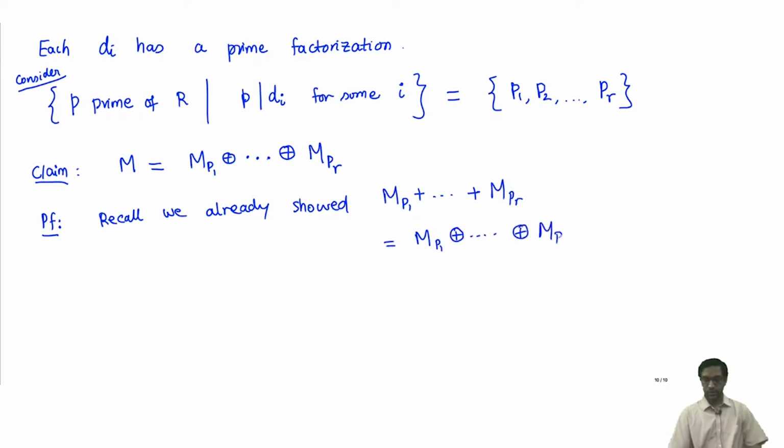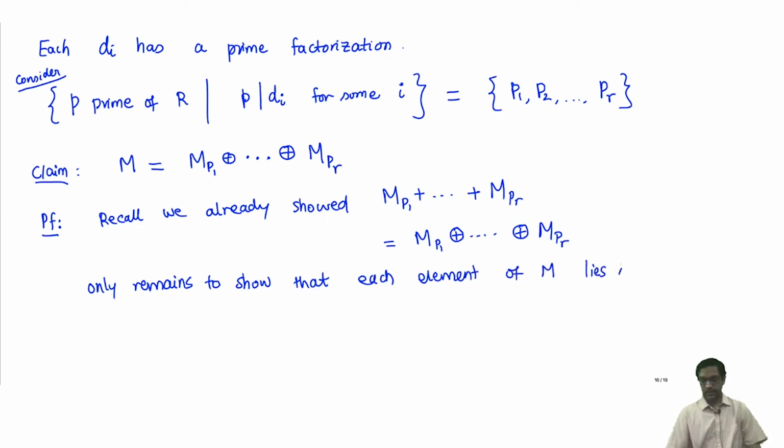So what remains to show is that this sum MP1 plus dot dot dot MPR is equal to the whole module M. So I need to show that every element of M can be obtained as a sum of elements x1 plus x2 plus xr coming from the corresponding MPIs. So it only remains to show that each element of M lies in the sum MP1 plus ... plus MPR.